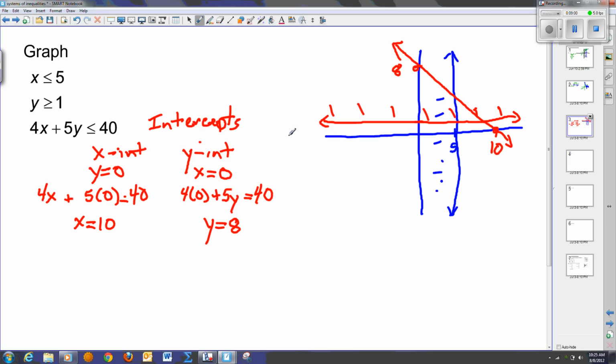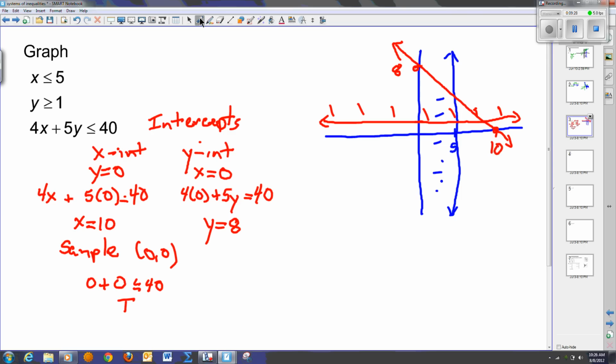All right. And then now what we'll do is we'll take and pick a sample point once again of 0, 0. So sampling this again, we get 0 plus 0 is less than or equal to 40. We know that is a true statement. So since 0, 0 is in the solution space, we shade towards that.